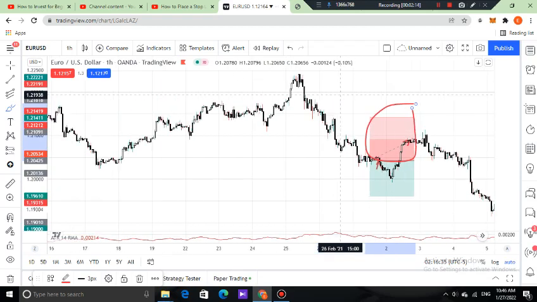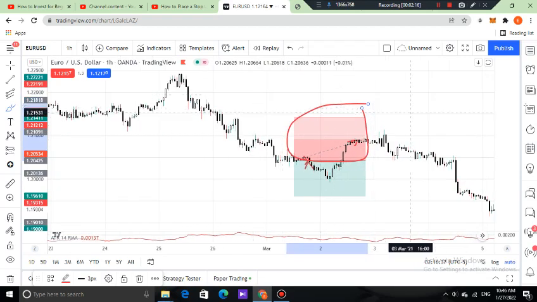We call it adding to your losing position, because you are in loss, and you add to your size, you increase the size of your trade.